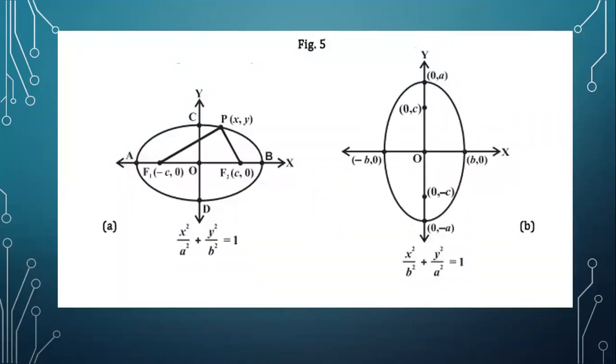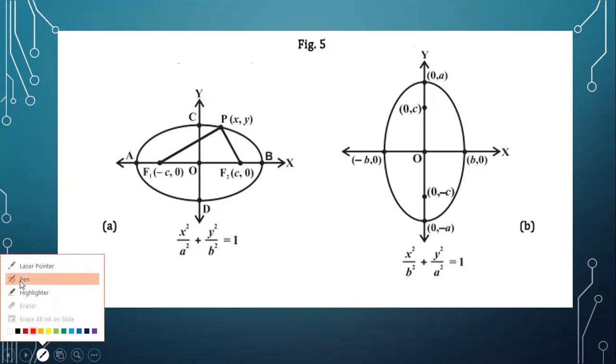We have this formula: x squared over a squared plus y squared over b squared equals 1 if the ellipse is horizontal. While in vertical, we have x squared over b squared plus y squared over a squared equals 1.